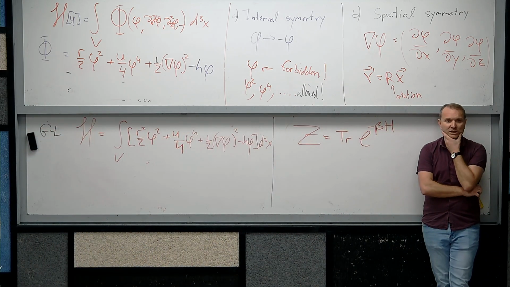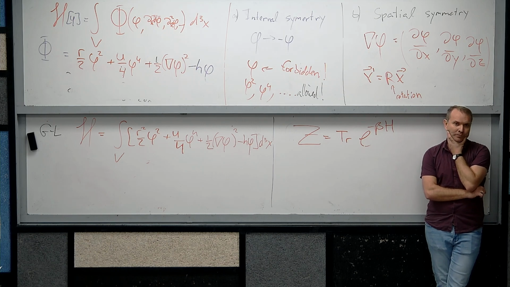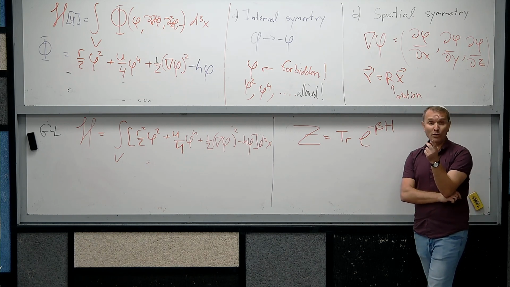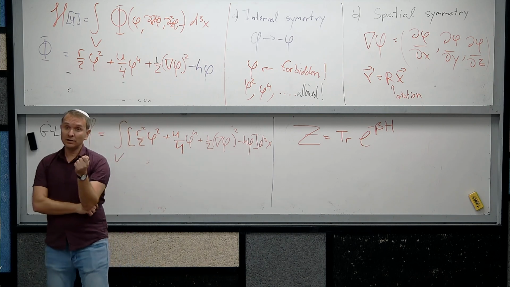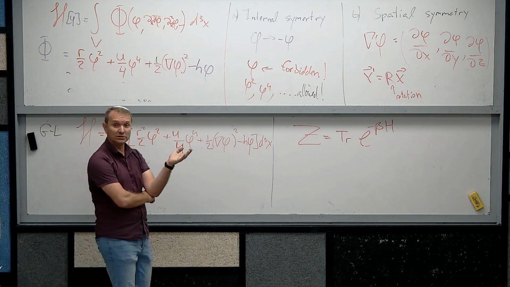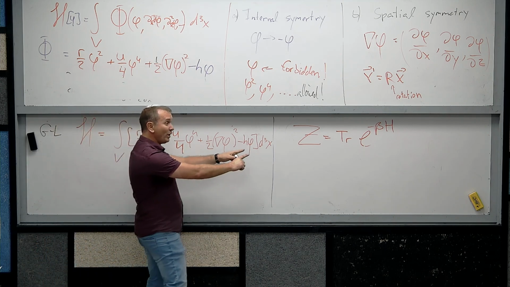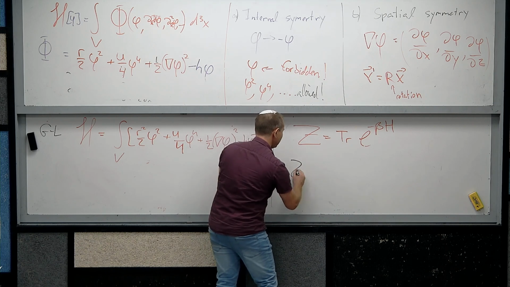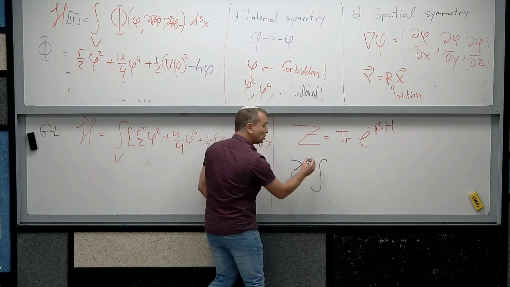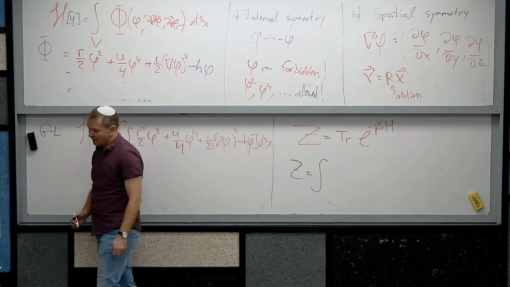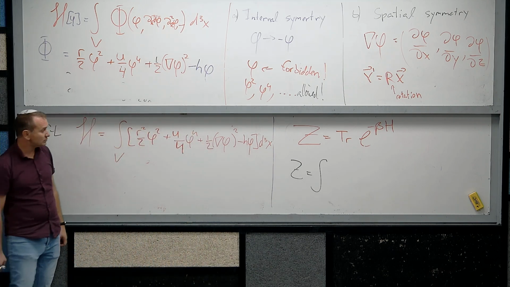What is this trace? It's a summation over all possible states of your system. Now, I don't have states because I described everything in what way? Everything in a continuous way. So what do I have here? So my Z, it is a functional integration.